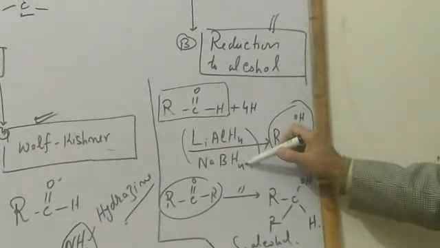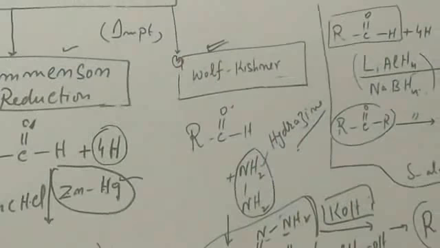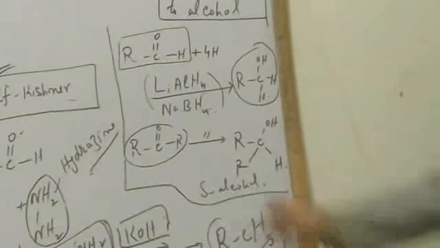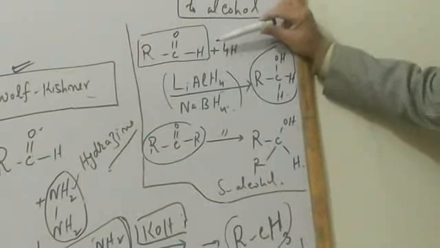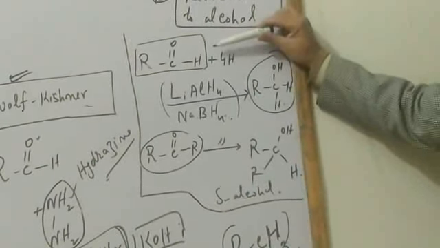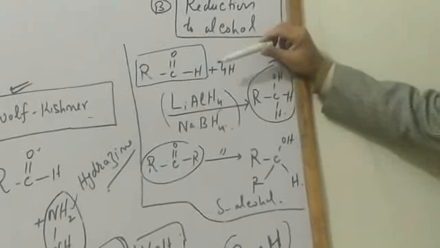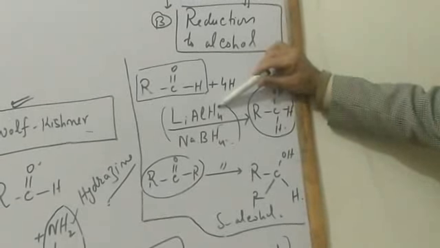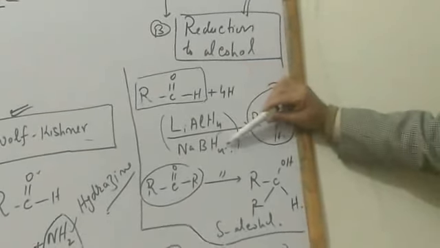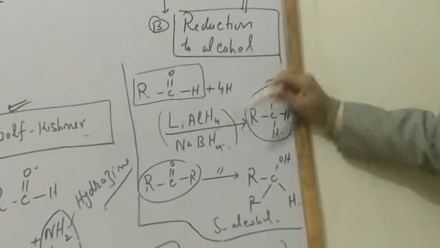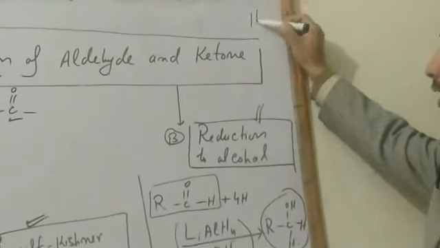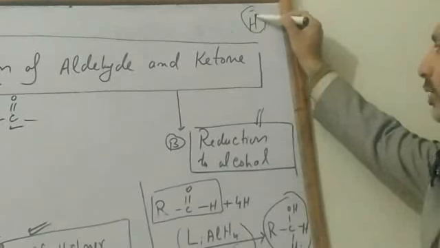The mechanism of this reaction is quite different from the mechanism of these two reactions, that is Clemmensen reduction and Wolff-Kishner reaction. This reaction proceeds through hydride addition. Where does this hydride come from? Either from lithium aluminum hydride or sodium borohydride. What is hydride? Hydride means hydrogen with negative charge.